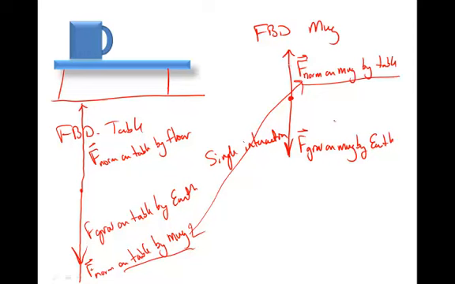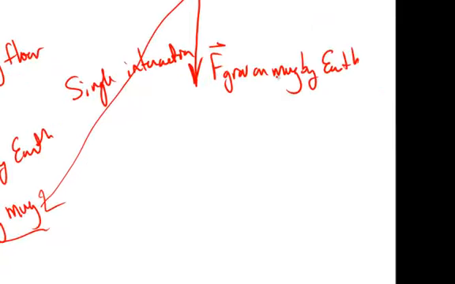Now, looking at these other forces, let's take a look at this one here, F grav on mug by Earth. So where would the third law pair for this force appear? Well, the third law pair, in other words, the other half of the interaction, comes from just switching the target and the actor.